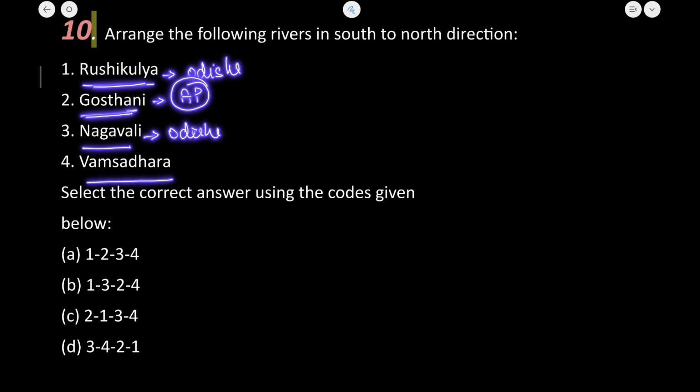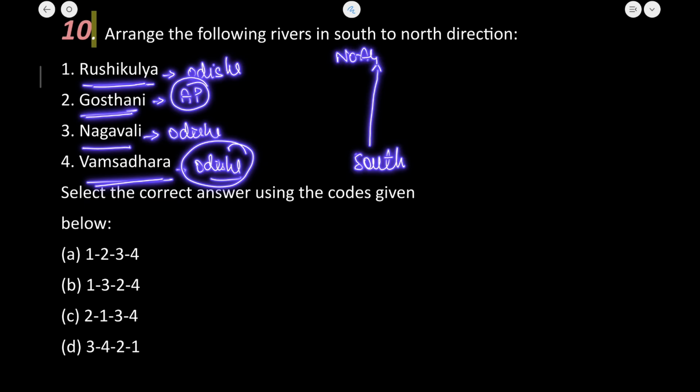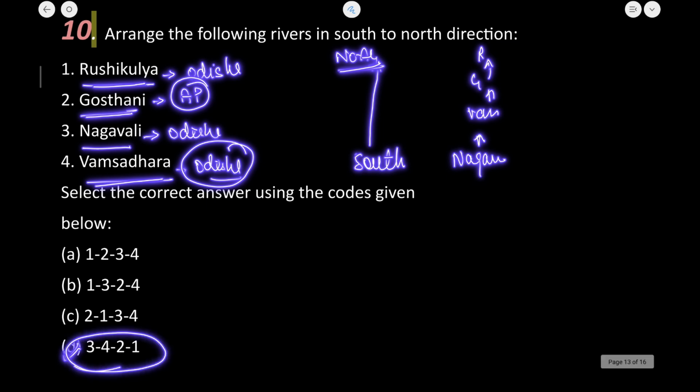And the Vamsadhara river rises in the state of Odisha. If I talk about the alignment from south to north, the correct orientation is Nagavali, then Vamsadhara, then Gosthani, and then Rushikulya. D is going to be the correct answer to this question.